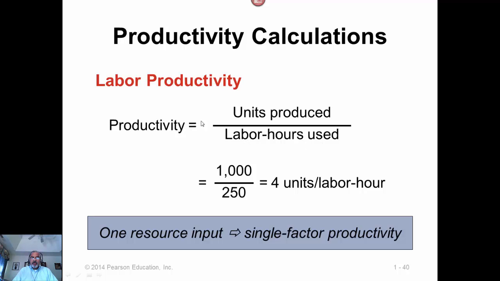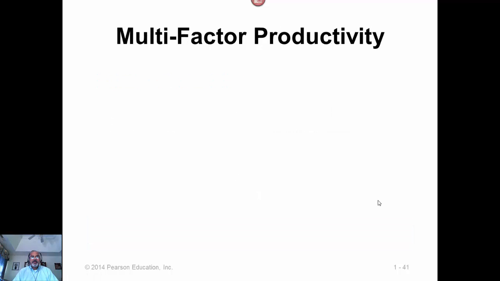In labor productivity, the denominator is always labor hours. It is never converted into dollars. So it's always units produced or dollars produced per labor hour. If we produce 1000 units of the product and we use 250 hours of labor, then that is 4 units per labor hour. That would be an example of labor productivity.